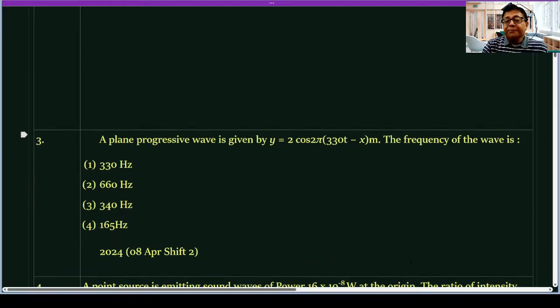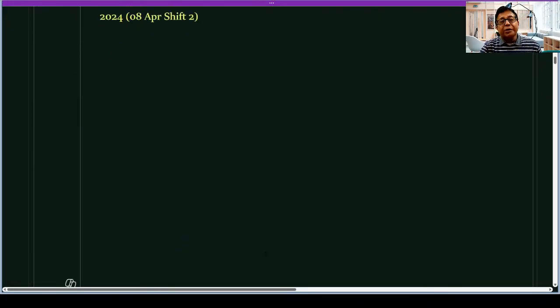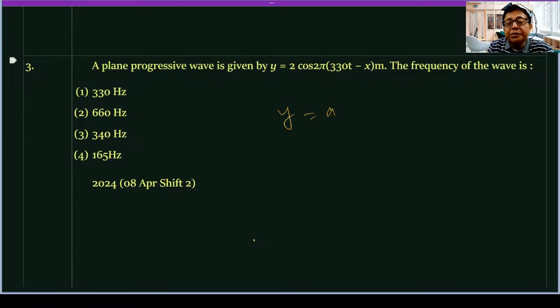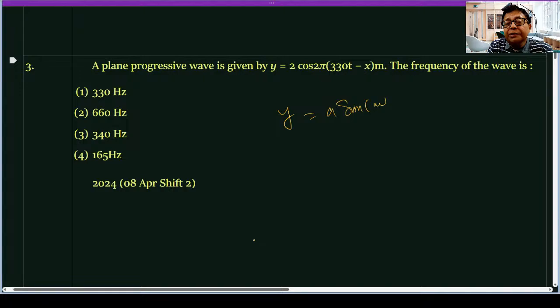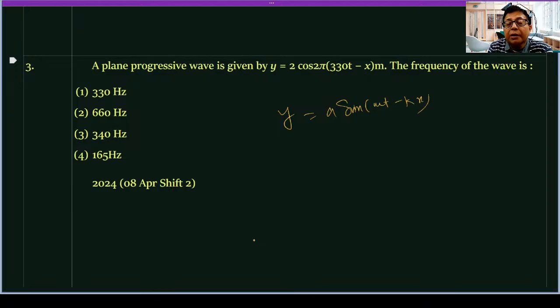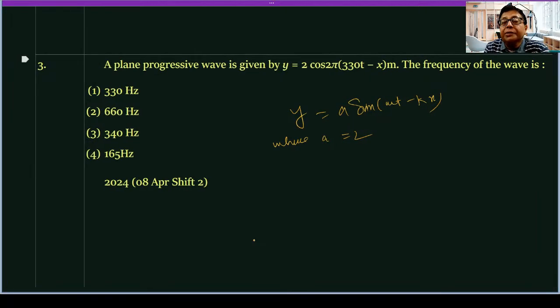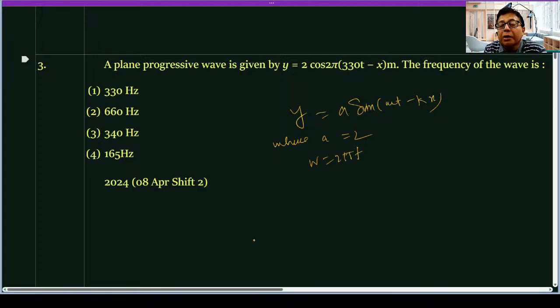So here, to find the frequency, we need to compare it with the standard equation of the wave. I just remind you, the equation of wave is y equal to A sine of omega t minus kx, where omega is what? Coefficient of t. Omega is 2 pi f. Okay?